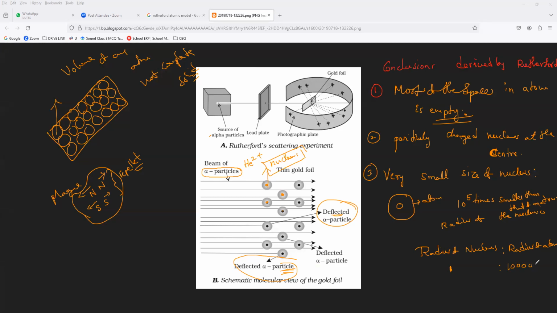So if you consider the radius of the atom is 1 lakh, then the radius of the nucleus is just 1. That is what you have to remember. I hope you all understand. Gokul, Kishore, Mari, any doubt, please let me know. Do you all understand? Yes, so please write it.